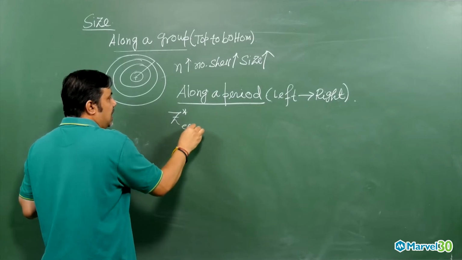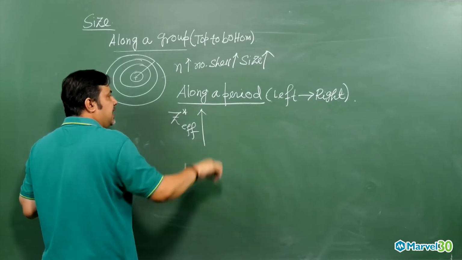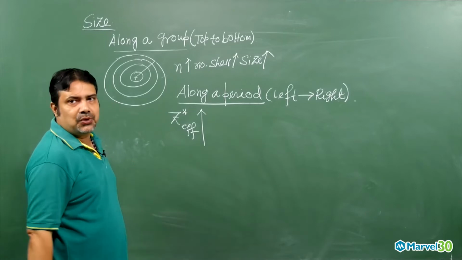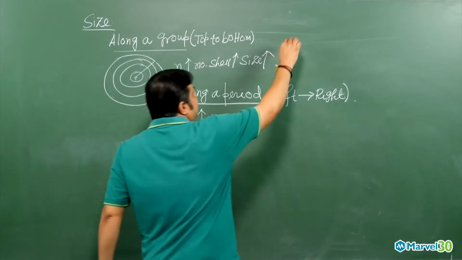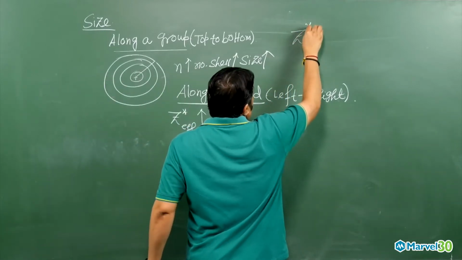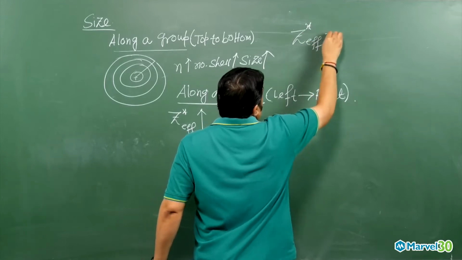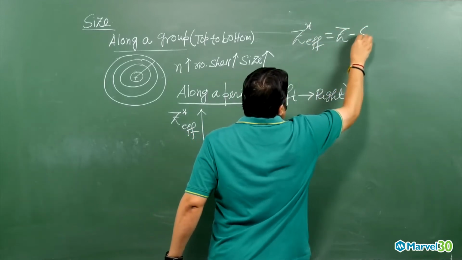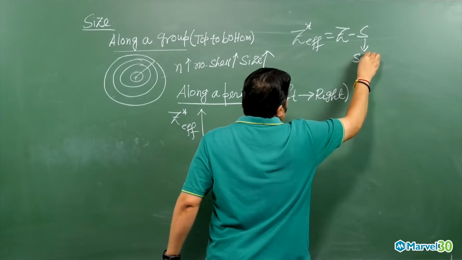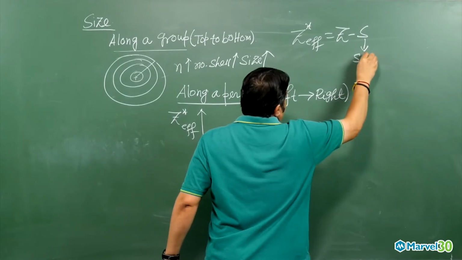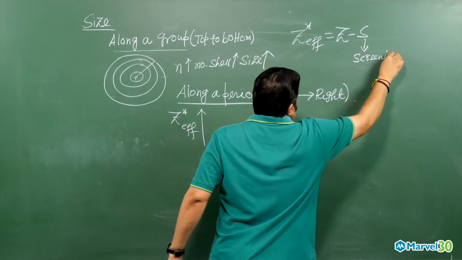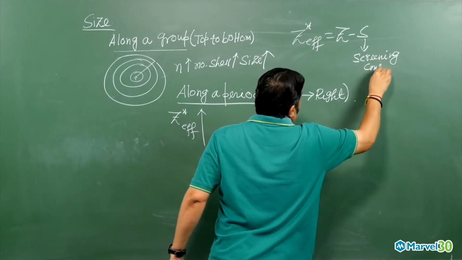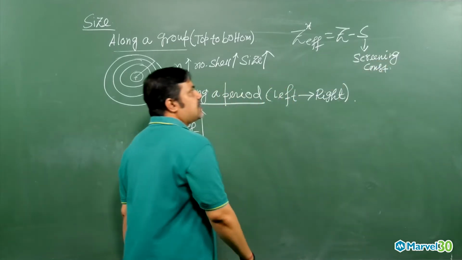Effective nuclear charge is calculated as Z star effective equals Z, the atomic number, minus S. S is a screening constant, and this screening constant can be calculated by Slater's rule.